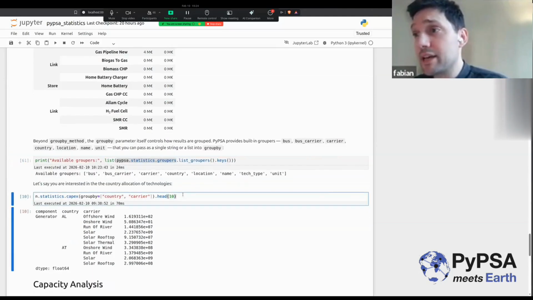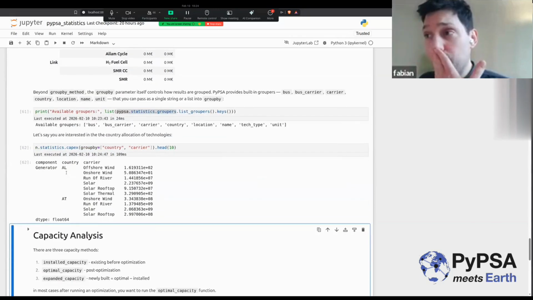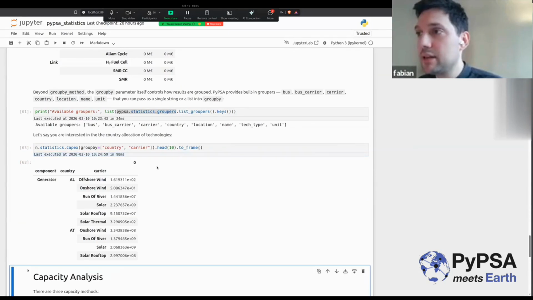If I run this with a grouper with country and carrier, again, country is defined in our network, and the carrier, I'm running this, and I'm getting now multiple levels here, 3 levels in my index. I'm again converting this to a frame just to have that nicely displayed.